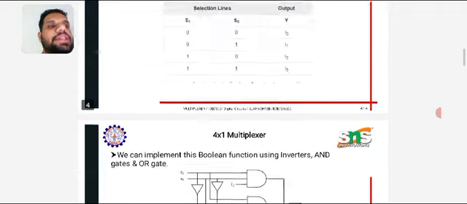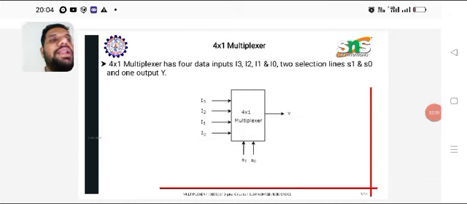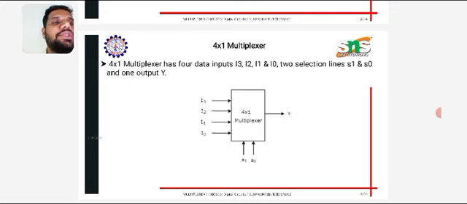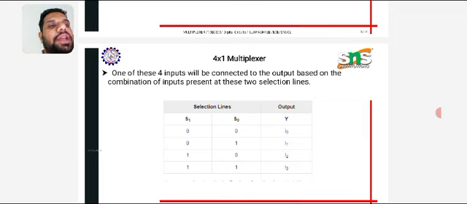Next, if you take a 4 cross 1 multiplexer, that means 4 inputs, one single output and 2 selection lines. This is the logic diagram of the 4 cross 1 multiplexer, and this is the truth table of the 4:1 multiplexer.